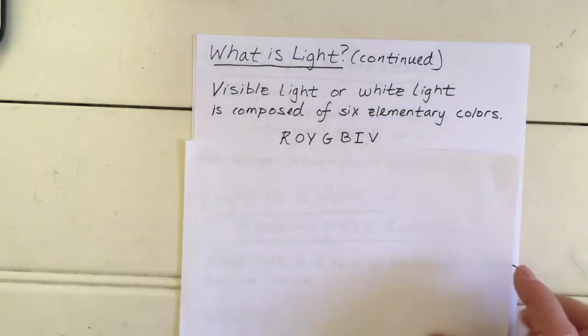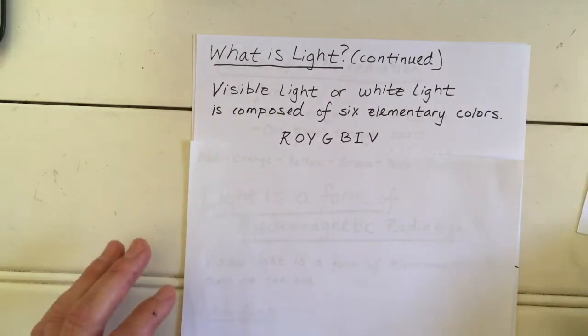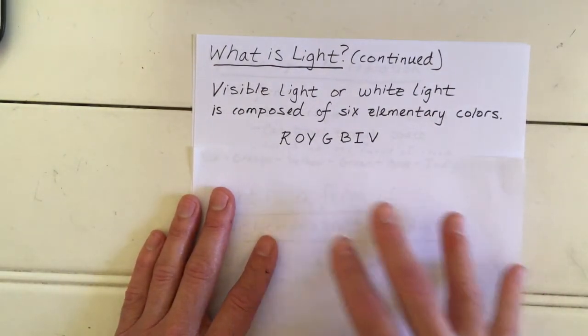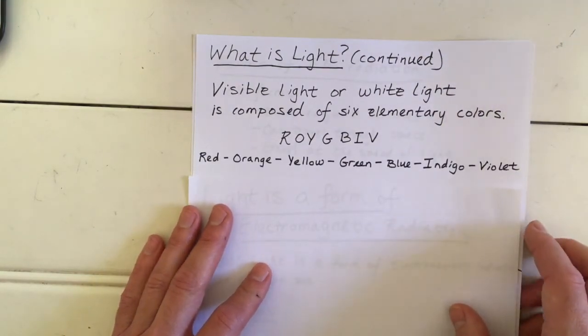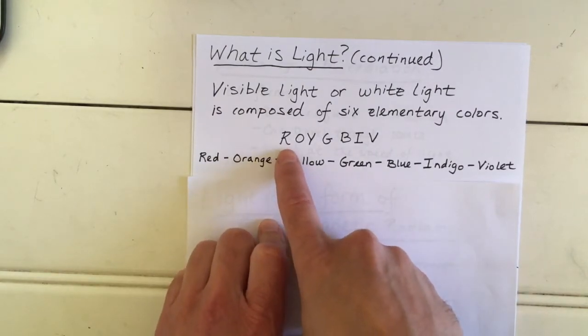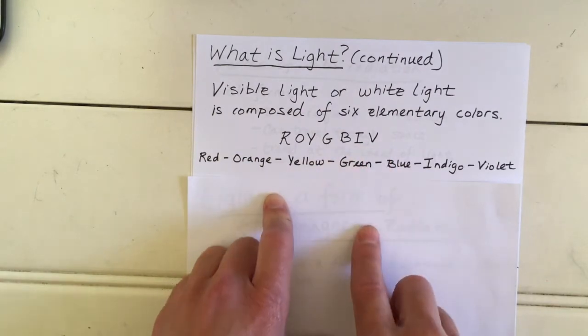And maybe just before we do that, I want to mention what I did last time, and that is that visible light is composed of 6 elementary colors, ROY G. BIV, and I went ahead and labeled them out. But also remembering that the longest wavelength is red, and the shortest wavelength is violet.